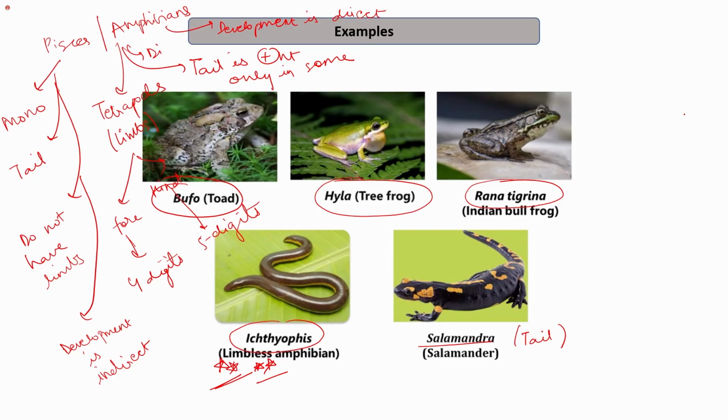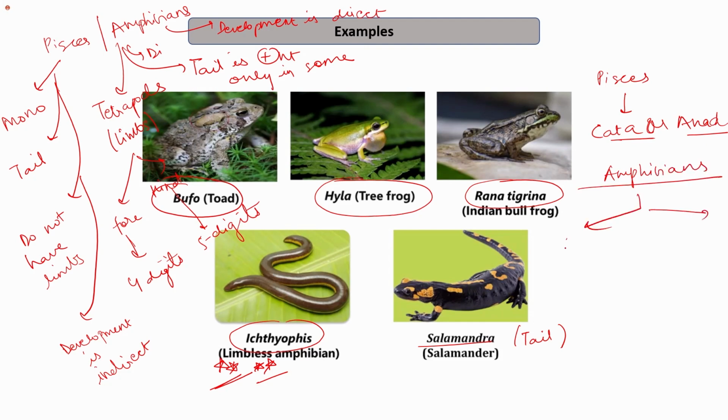In Pisces, we see that they perform migration. The migration can be catadromous or anadromous depending upon the type of fish. Amphibians, in order to avoid adverse situations, undergo estivation or hibernation.